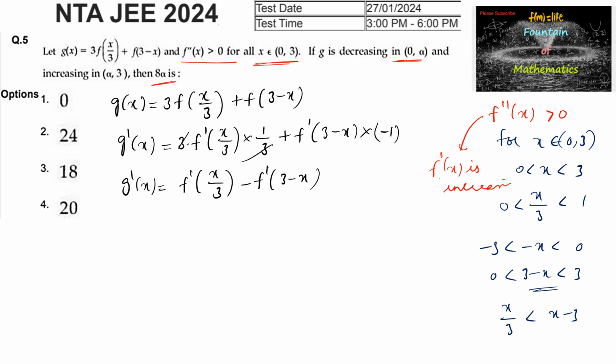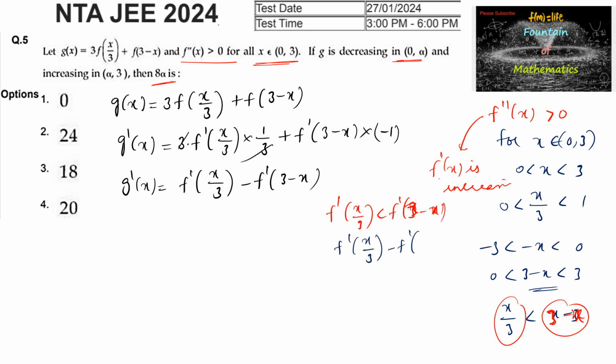If f dash of x is increasing, for x by 3 less than 3 minus x, we can write f dash of x upon 3 is less than f dash of 3 minus x. So that implies f dash of x upon 3 minus f dash of 3 minus x is smaller than 0.